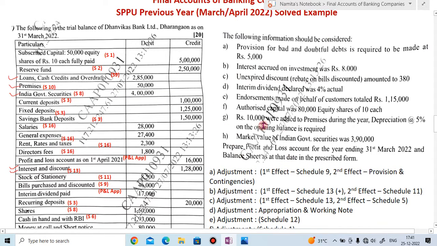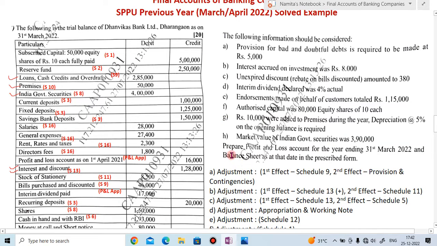Okay, so adjustments are given like provision for bad and doubtful debt, then interest accrued on investment, unexpired discount, interim dividend, endorsement, authorized capital, then premises, market value of Indian government securities, and so on. Okay, so these are some additional information provided with the trial balance.